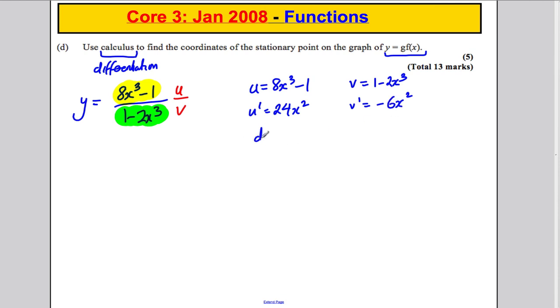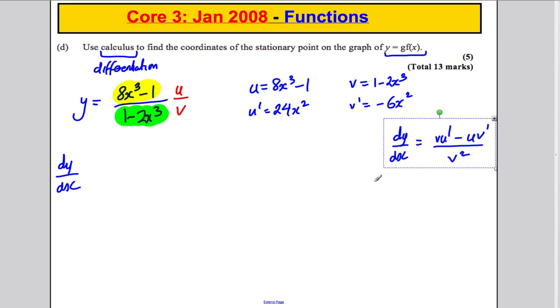And then by the quotient rule, you know dy by dx is vu dash subtract uv dash all divided by v squared. So let's apply that formula here. I'm just going to move this over to one side here.